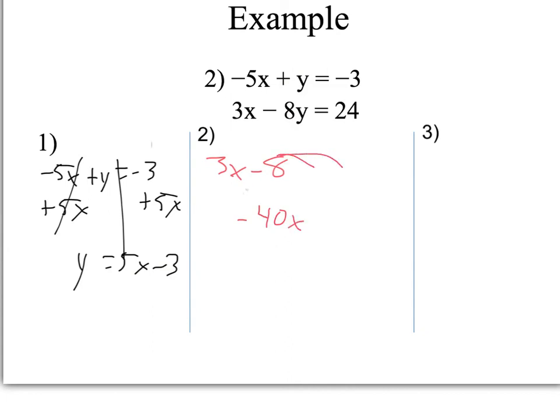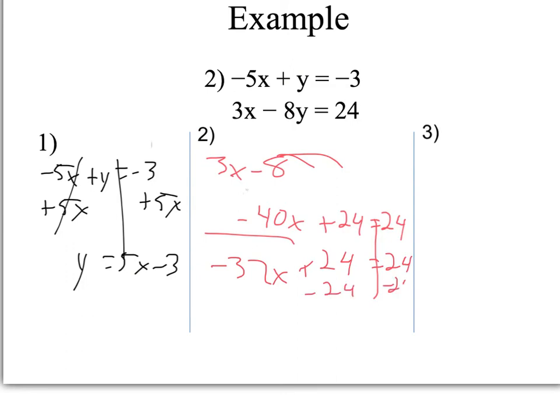Negative 8 times negative 3 is positive 24. Like terms, 3x minus 40x gives me negative 37x. Subtract 24 from both sides. I have negative 37x is equal to 0. If I divide by negative 37, I would get x is equal to 0.